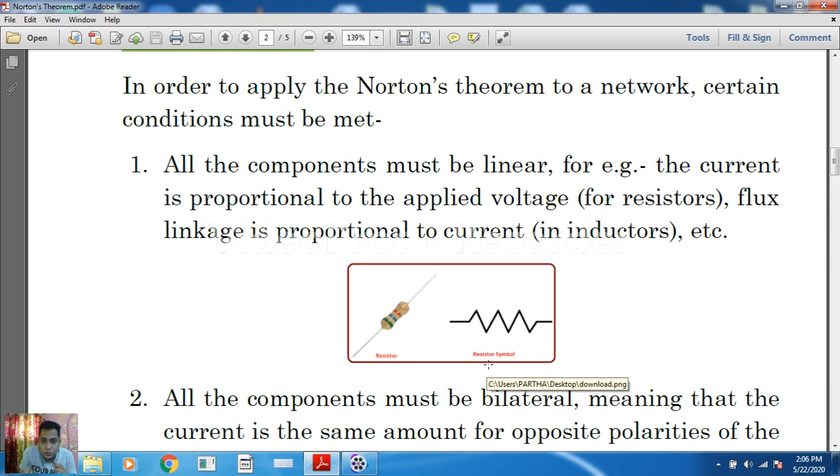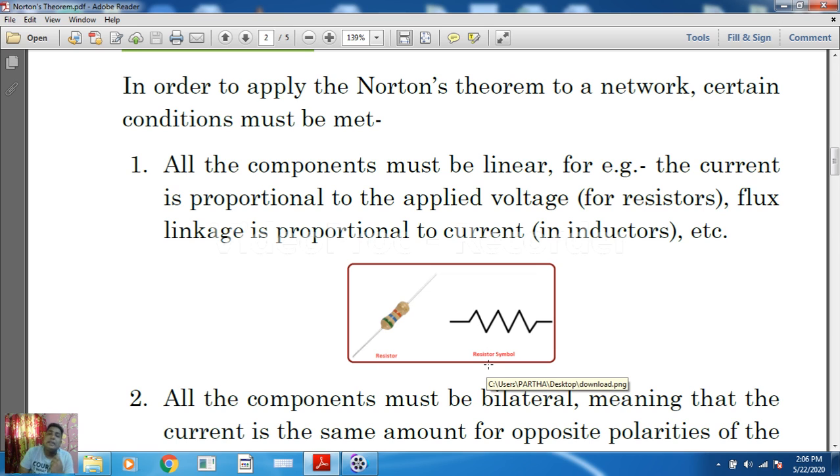As you have already seen, in each theorem I intentionally place these terms to know: linear, bilateral, active, passive. I have seen that students always forget what is linear, what is non-linear, what is bilateral, what is unilateral, what is passive, what is active. Those terms are very confusing. If we do the same thing repeatedly, day by day, it will be remembered. That's why I have given it to you.